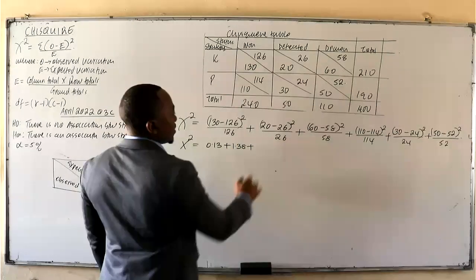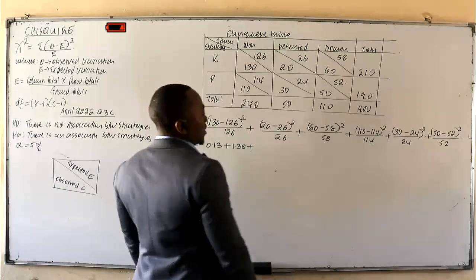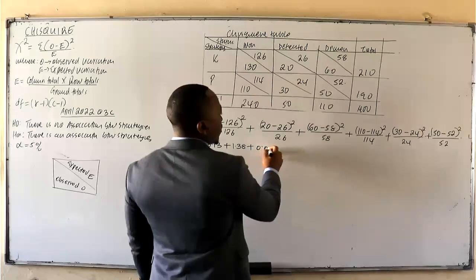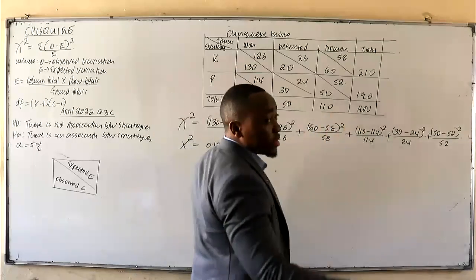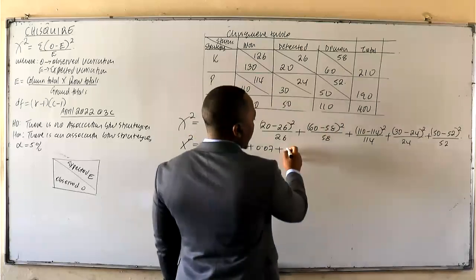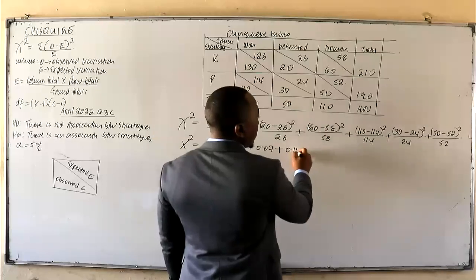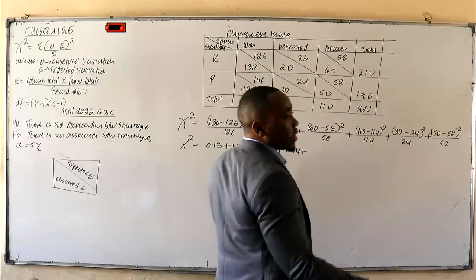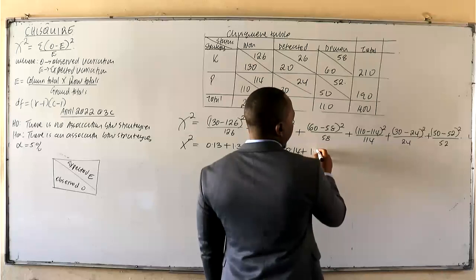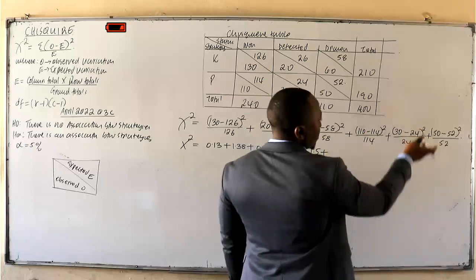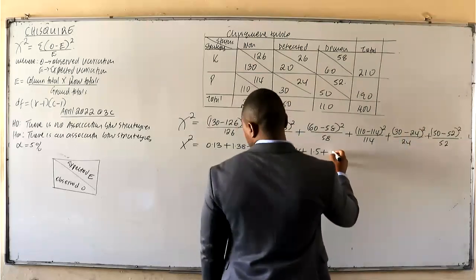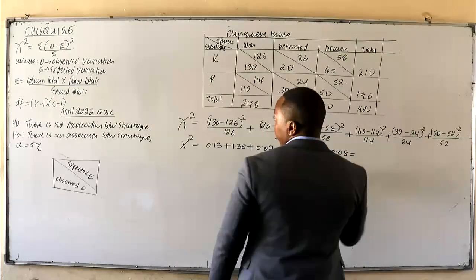This is 2 squared, 4 over 58, you get 0.07. Then 4 squared is 16, 16 over 114, what do you get? Quick calculation. 0.14. 6 squared over 24, you get 1.5. Then 4 squared over 52, you get 0.08.